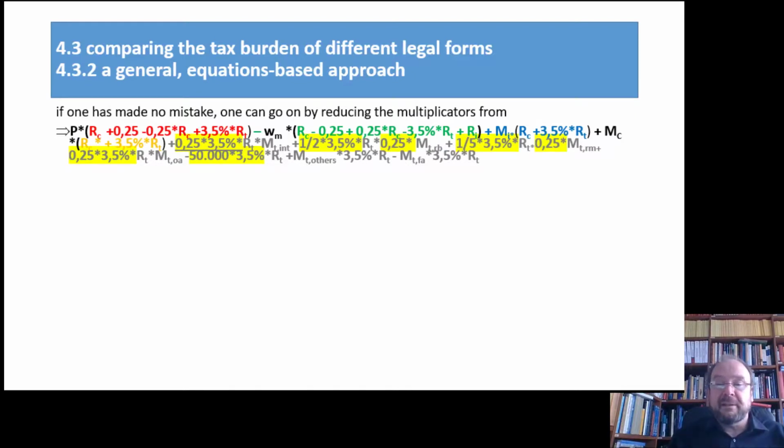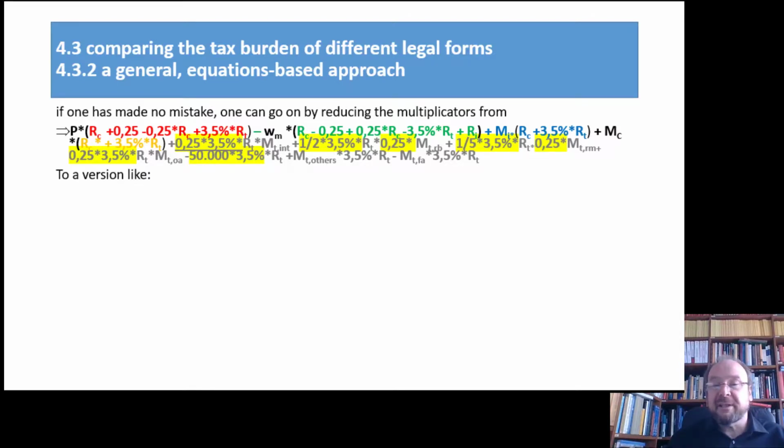Then P is multiplied with this factor here. The wage paid to the manager is multiplied with the factor in green in brackets. MI is multiplied with the factor here. MC with the yellow factor, then the gray ones with the factor in front of them.